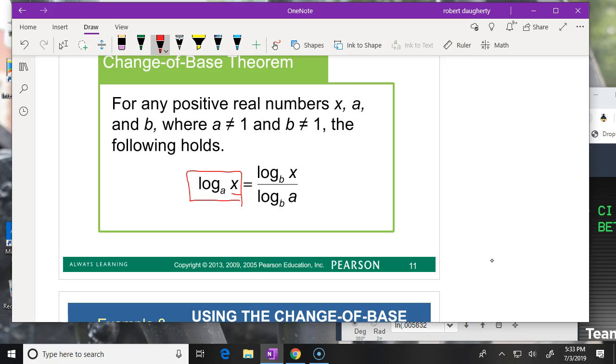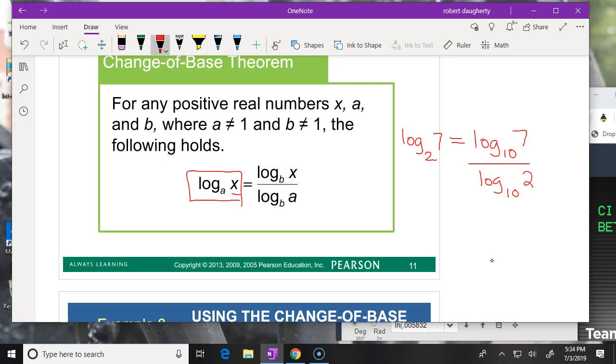So what this would mean, if I had something like the log base 2 of 7, well, let's change it to something our calculator can do. That's going to be the log base 10 of 7 divided by the log base 10 of 2. So I change the base from 2 to 10, and so I just say the log base, whatever my new base is, 10, log base 10 of 7 divided by the log base 10 of 2.